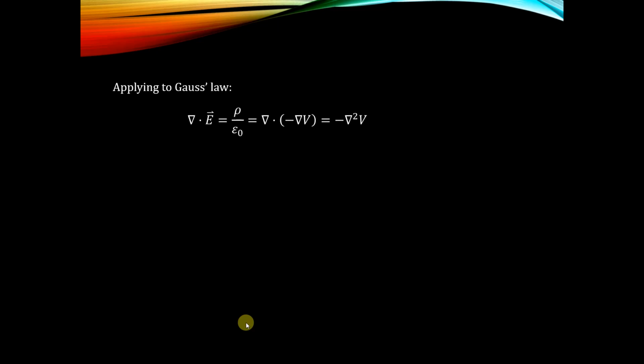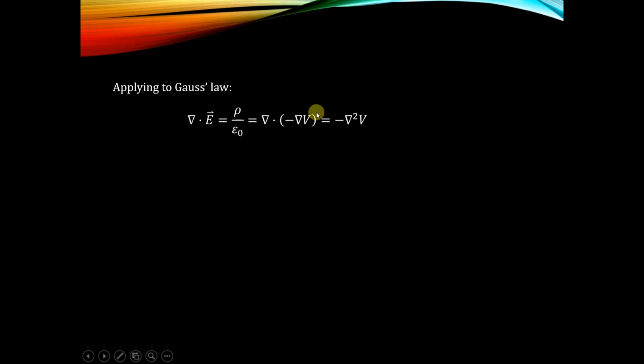Now let's apply Gauss law to this. So we already have E is equal to minus del V, and we have the Gauss law in differential form, del dot E is equal to rho by epsilon naught. So instead of del dot E, now I can write del dot minus del V, right?